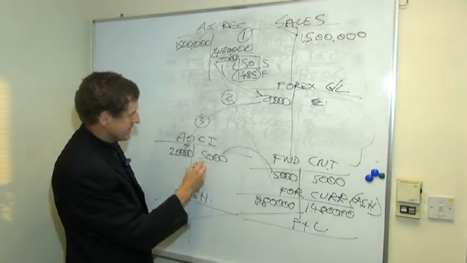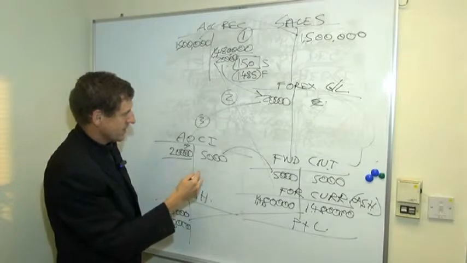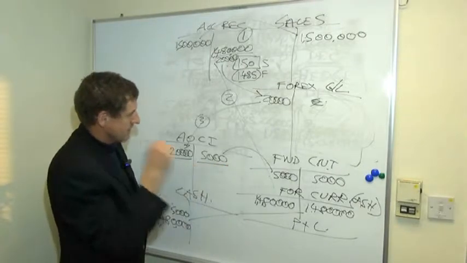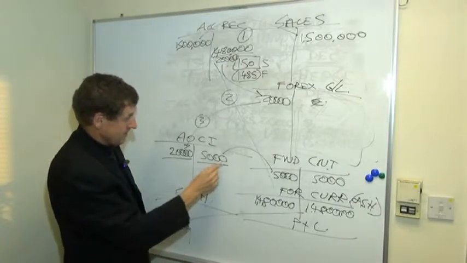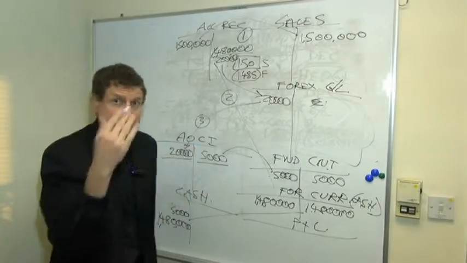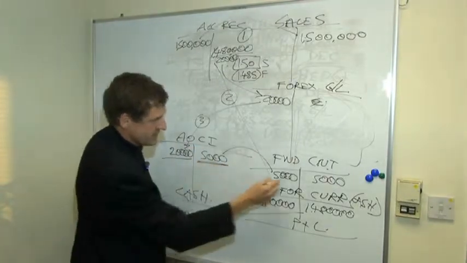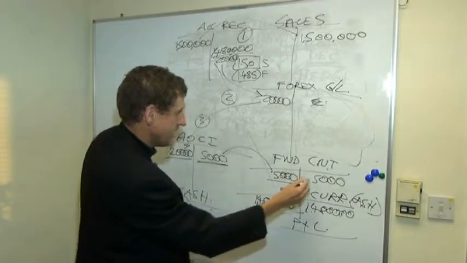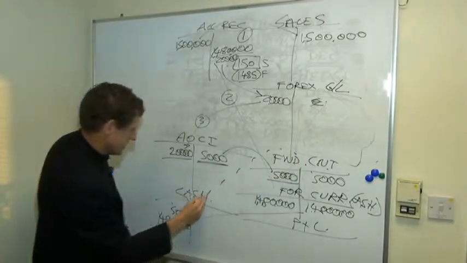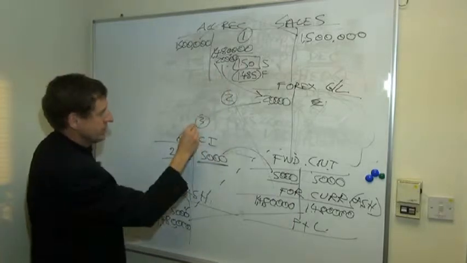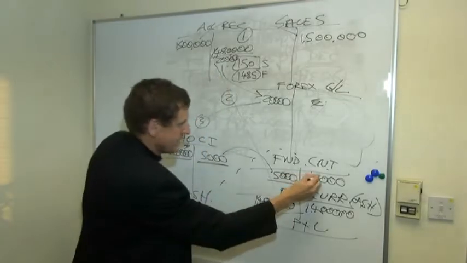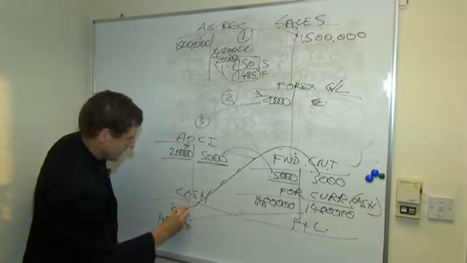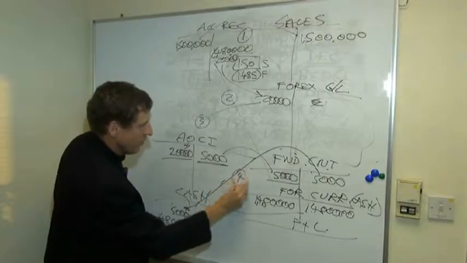And so the difference between the 20,000 we would have lost and the 15,000 we actually do lose is this $5,000, and that's booked through a forward contract account here, and then the rest of that goes down to here to cash. So we've got 1, 2, 3, and here's our big new entry here, which is 4.